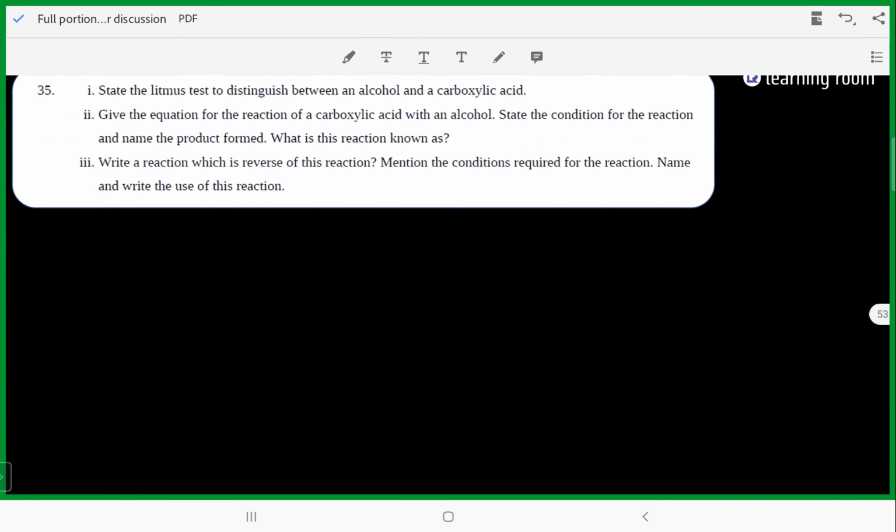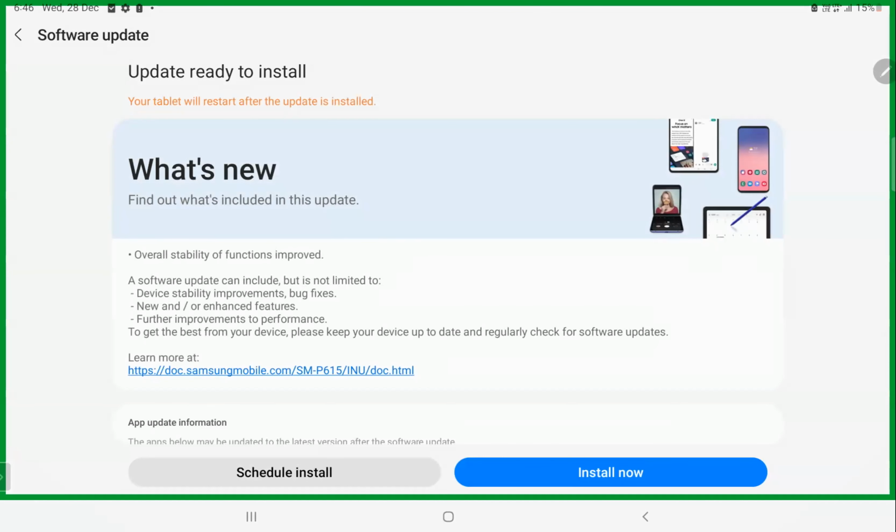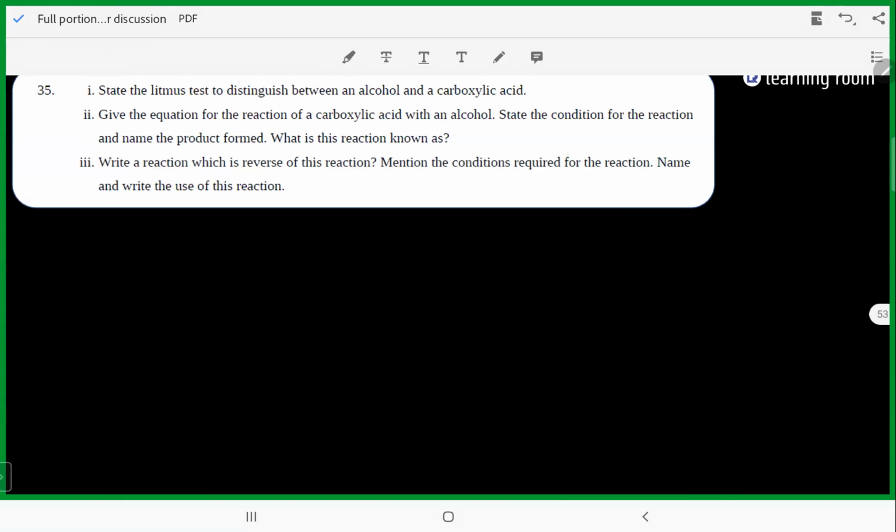State the condition for the reaction and name the product formed. What is this reaction known as? Write the reverse of this reaction. Mention the condition required for the reaction and write the use of this reaction.